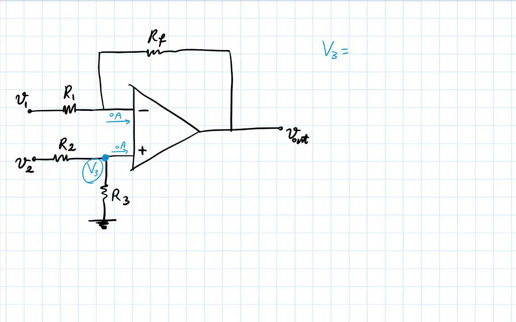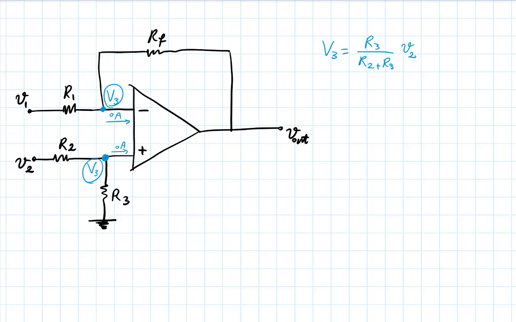So V3, the node voltage there, is R3 over R2 plus R3 times your input voltage V2. Now, if things are doing their job, then you will end up getting the same V3 on this node. It will be transferred there because of the op amp wanting to keep the two inputs at 0 difference in voltage.